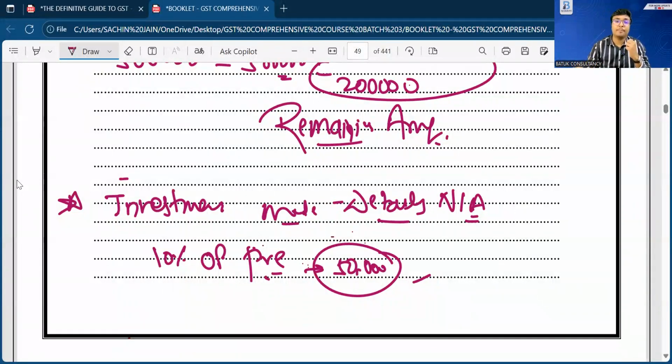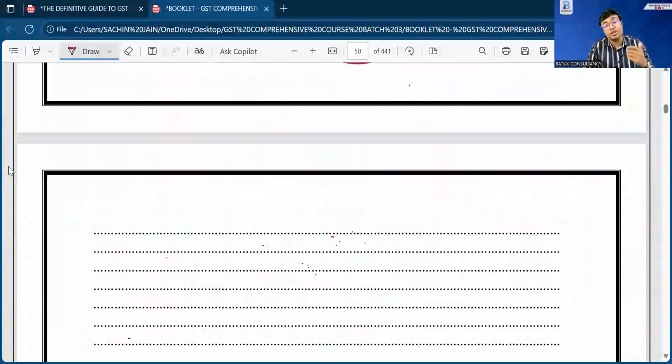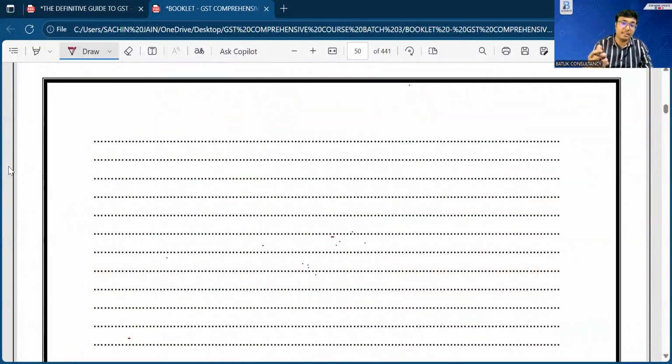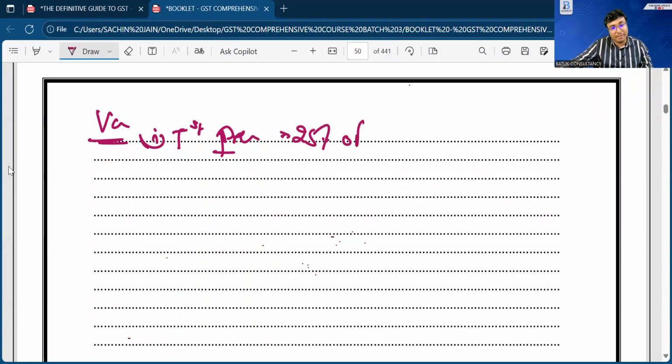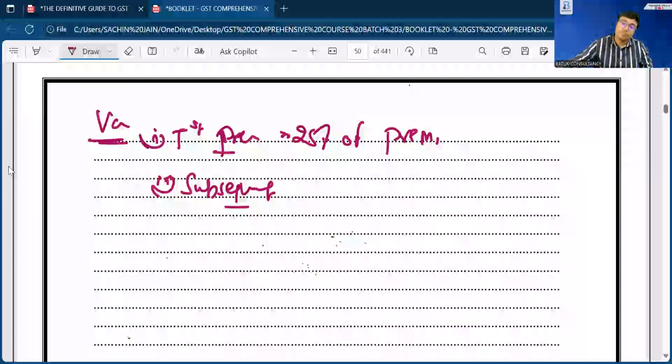And suppose if the policy is a multiple premium policy, okay, multiple premiums are there, in such a scenario the value of supply in the hand of insurance company is, for first premium, 25% of premium will be treated as value of supply, and for all the subsequent installments, 12.5% of premium will be treated as value of supply.